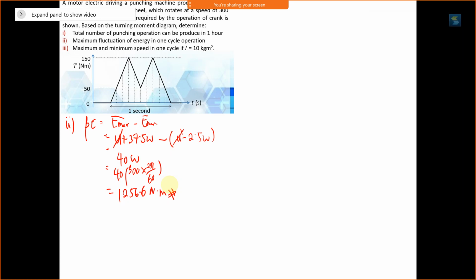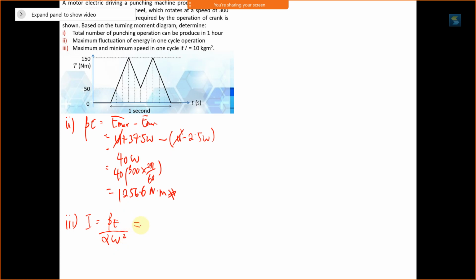So number 3, we have the maximum and minimum speed in one cycle if I is given as 10 kilogram meter squared. So what is our equation of mass moment of inertia? I equals delta E over alpha omega squared, isn't it?